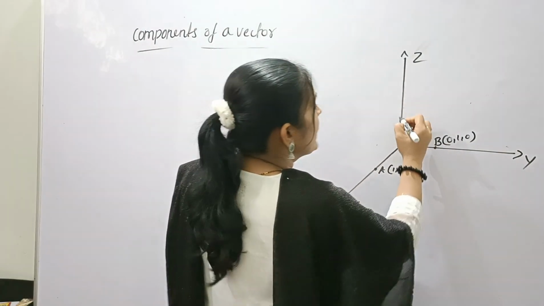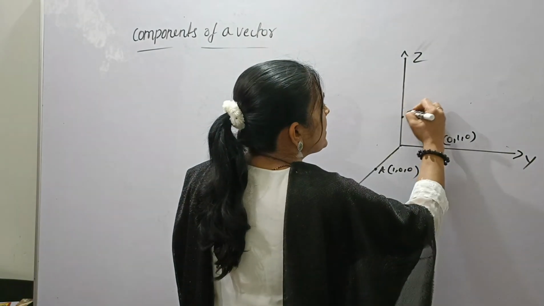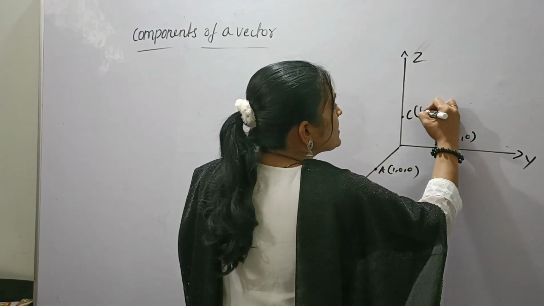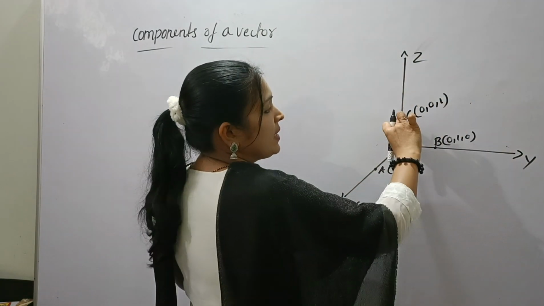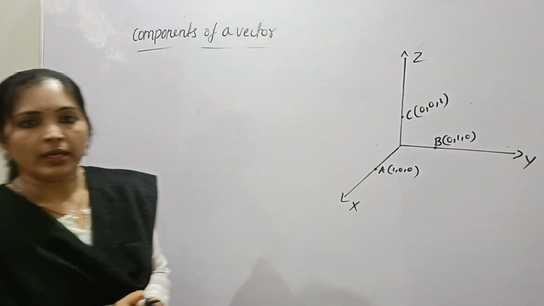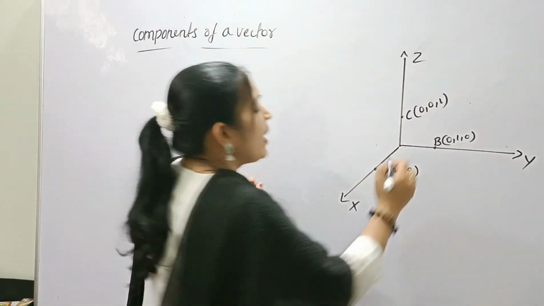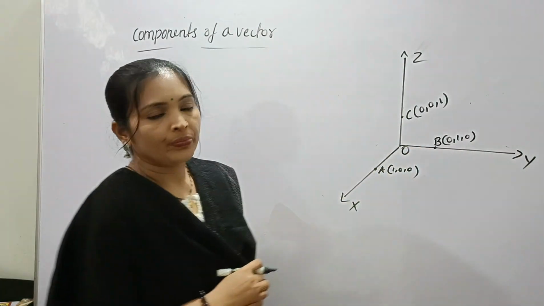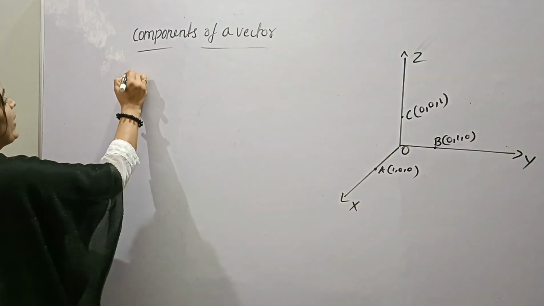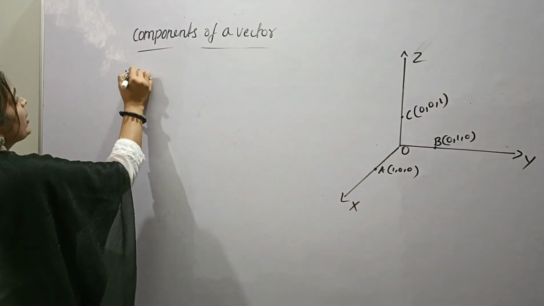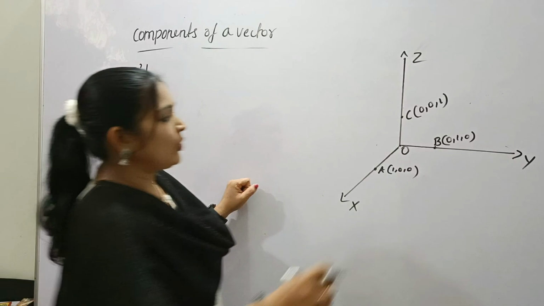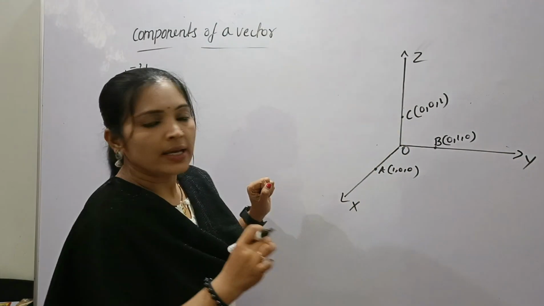Next, let's take a point on the z axis, C of 0, 0, 1. Here this distance is 1. Now here it is the center O. Then what is modulus of vector OA? See, here we know that this distance is 1, right?